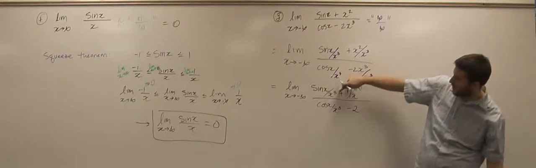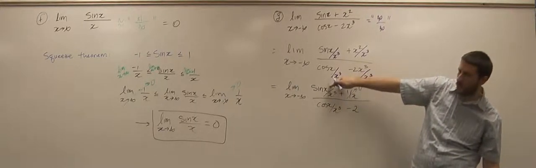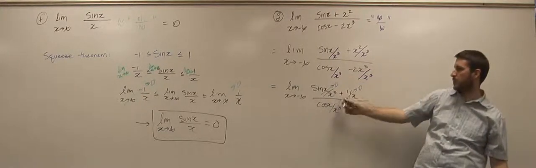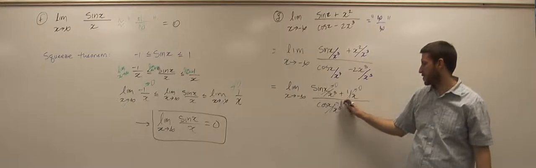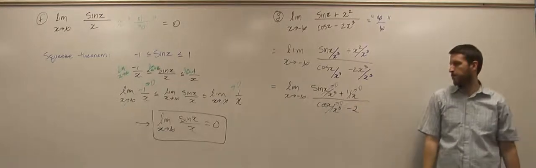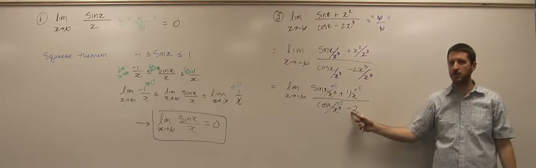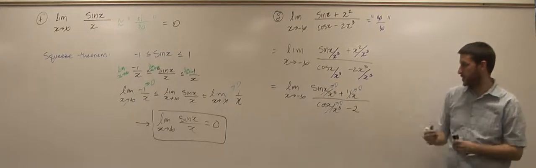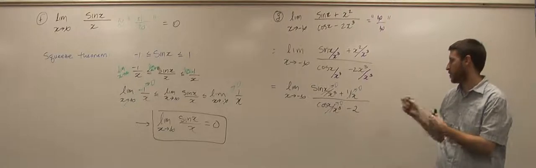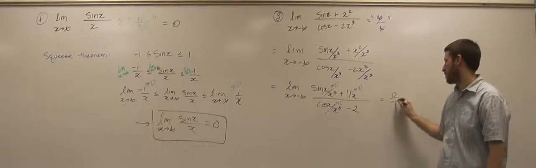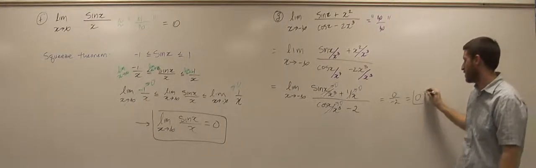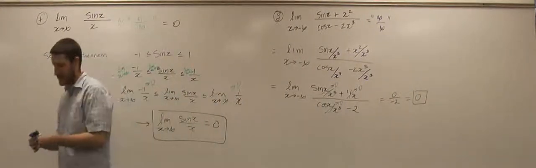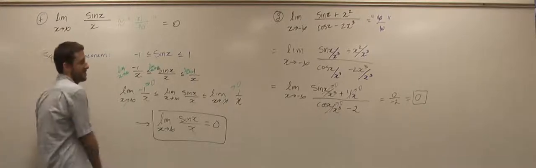Sine x over infinity, since this is between -1 and 1, this is also going to 0 because the bottom's going to infinity. Luckily, this -2 is hanging out, so it's not an indeterminate form. This is 0 over -2, which is just 0. There's no arguing that. Try and argue that. I would probably stop listening very quickly.